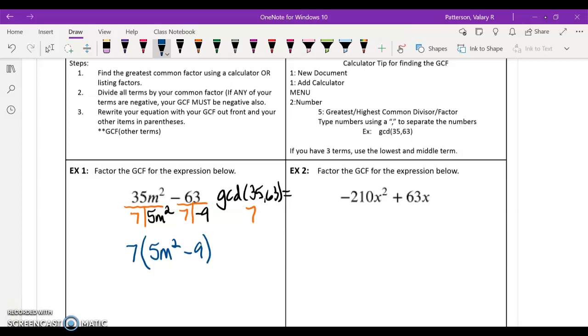Now, example 2 is different in the fact that the first term is negative. If we have a negative leading coefficient, our GCD or GCF has to be negative too. But as far as finding my greatest common divisor, I'm going to ignore that negative to start with. So I'm looking for the GCD of 210 and 63. Can you go to your calculator and figure out what the GCD of 210 and 63 is?